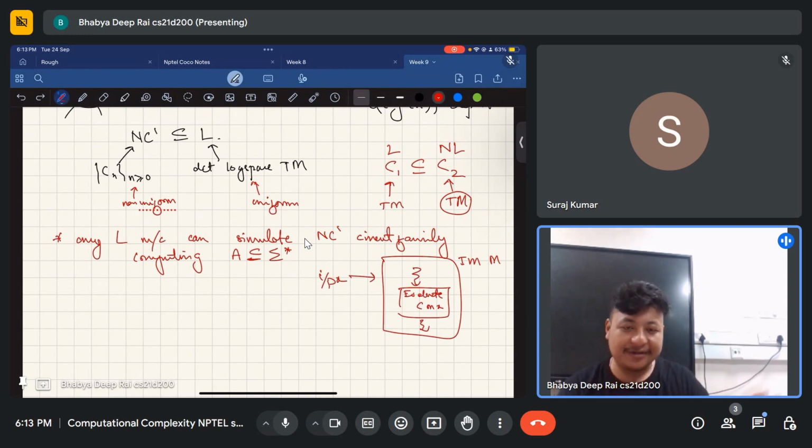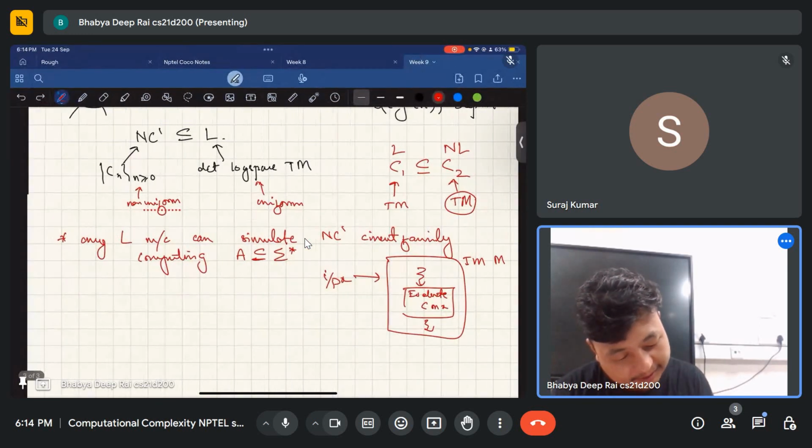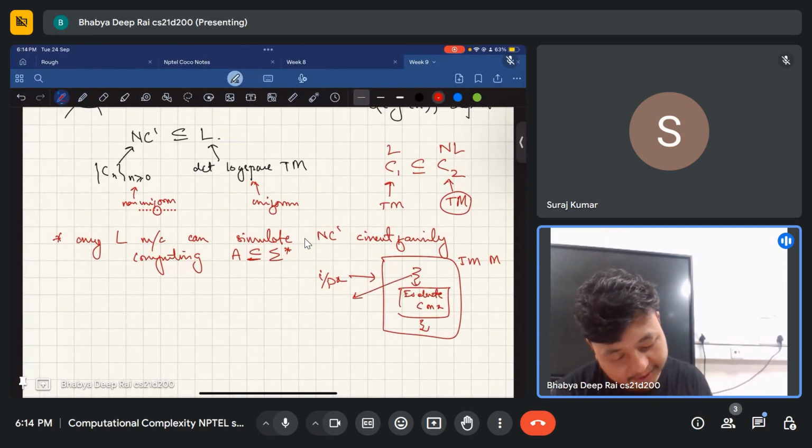So that is when advice comes into the picture, or you include uniformity. So either say that, before evaluating C on X, what do I do? Here compute the description of C on the length of x many bits.